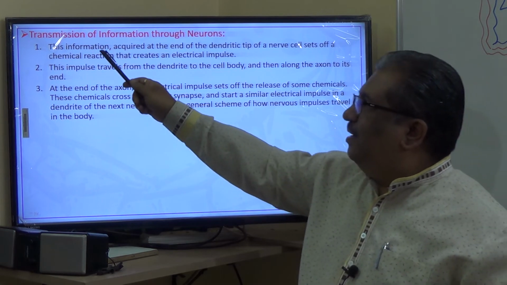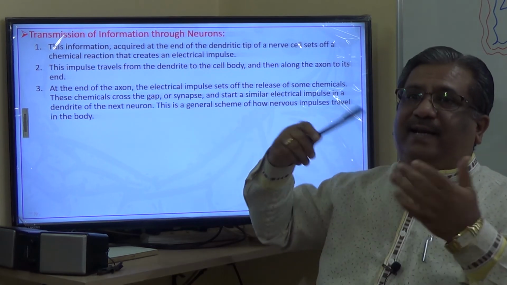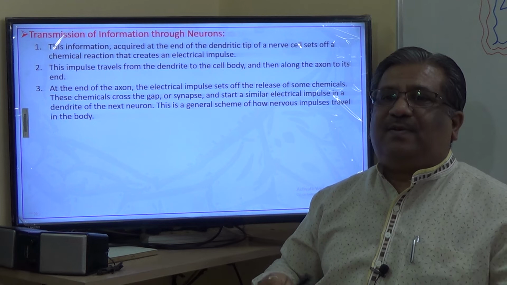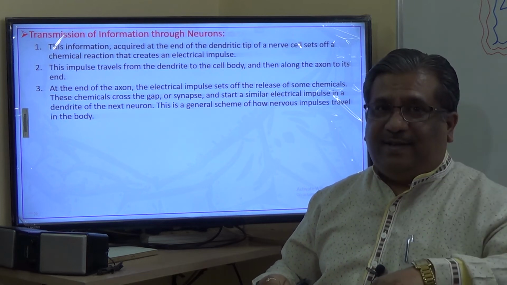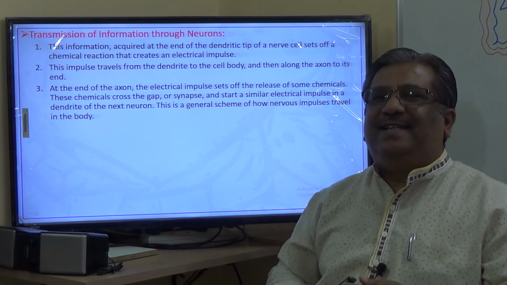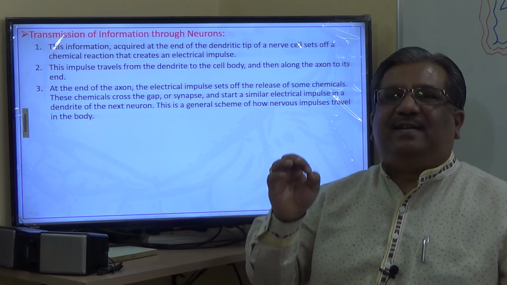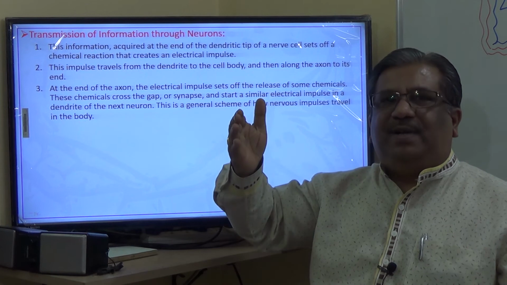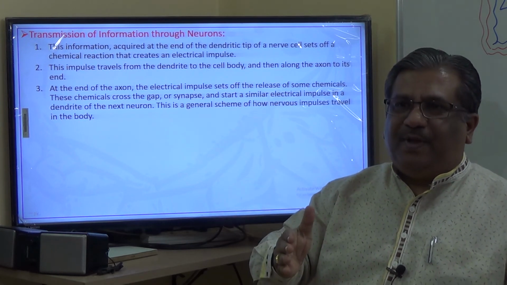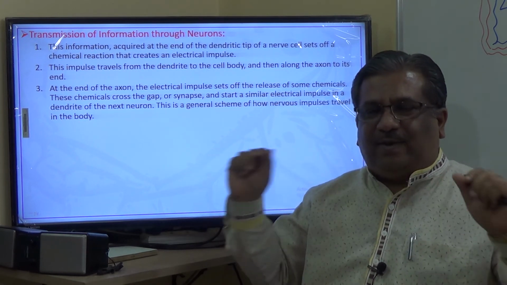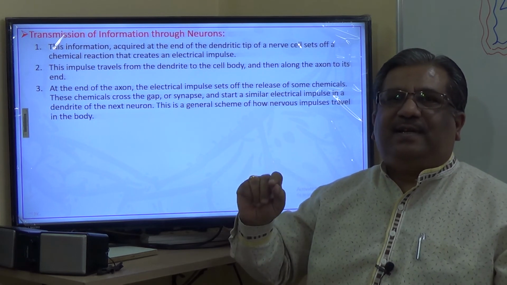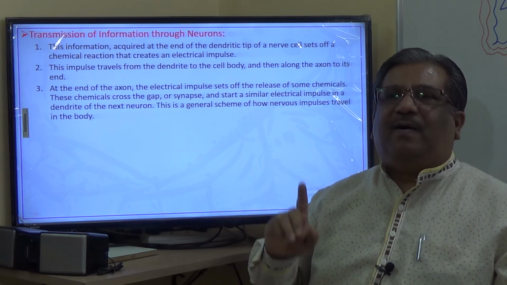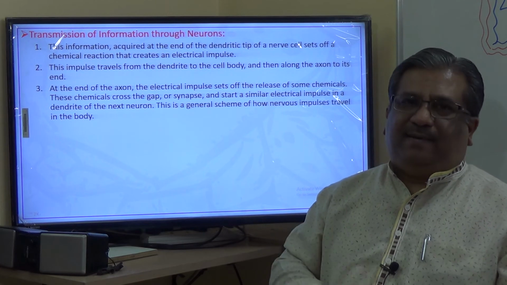So the information gathered at the dendritic tip sets off a chemical reaction, and that chemical reaction generates an electrical impulse. That electrical impulse travels to the cell body and through the axon reaches the nerve ending or axon terminal.